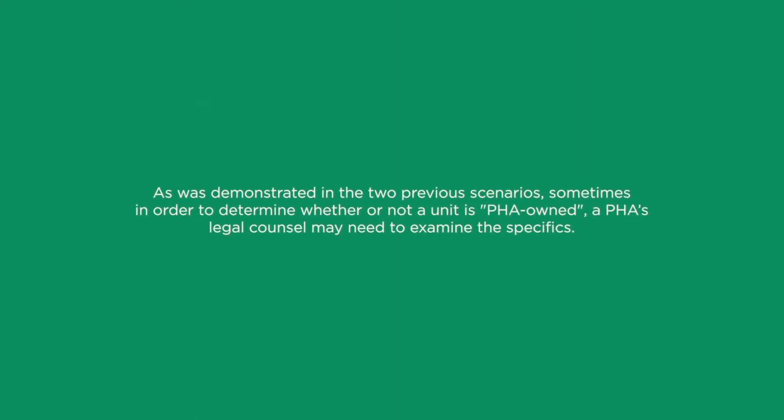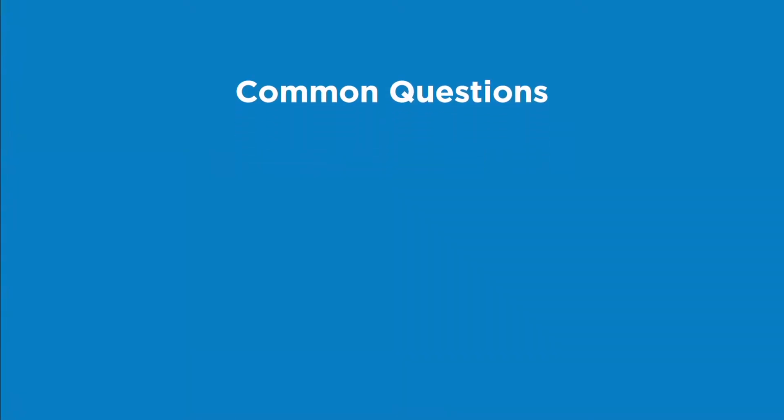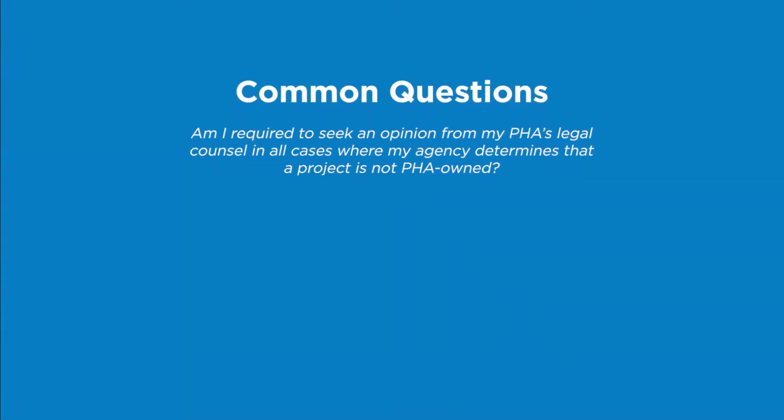As was demonstrated in the 2 previous scenarios, sometimes, in order to determine whether or not a unit is PHA-owned, a PHA's legal counsel may need to examine the specifics. Let's walk through a few commonly asked questions. Am I required to seek an opinion from my PHA's legal counsel in all cases where my agency determines that a project is not PHA-owned?